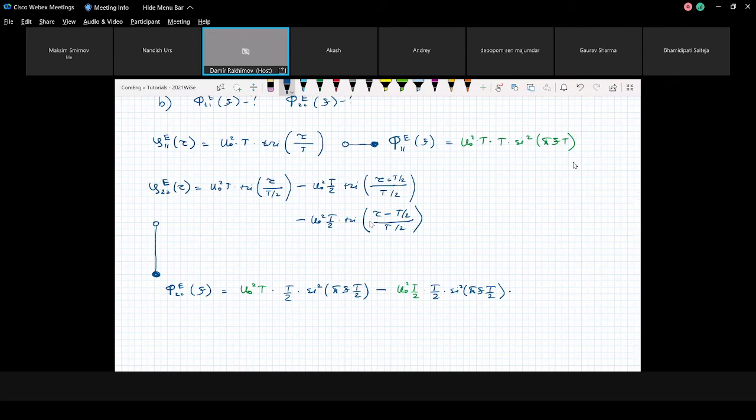And if we look at our cheat sheet, we see that this shift in the delay domain will be converted to an additional phase for each frequency component in the frequency domain: minus j 2 pi f, and then we have a shift by minus T over 2.